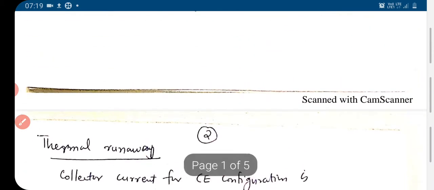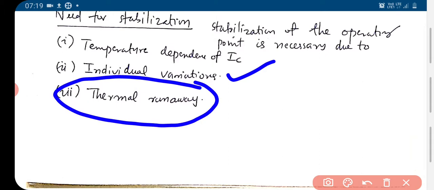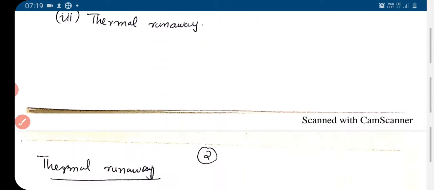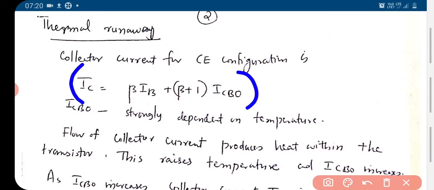Due to this, stabilization is required. Then thermal runaway. Let's discuss what thermal runaway is. We know the collector current for common emitter configuration is given by IC equal to beta IB plus beta plus 1 ICBO.